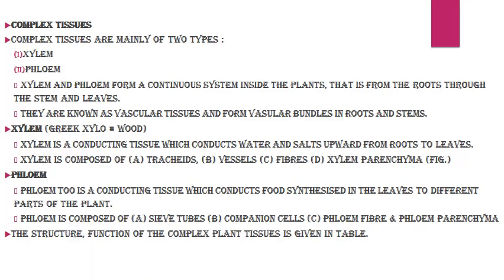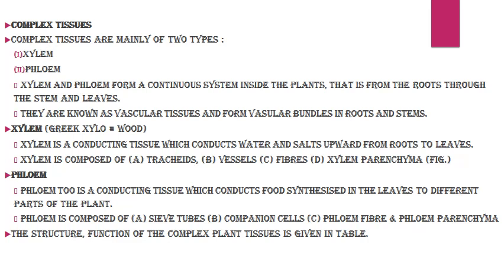Complex tissues. Complex tissues are mainly of two types, xylem and phloem. Xylem and phloem form a continuous system inside the plants, that is from the roots through the stem and leaves. They are known as vascular tissues and form vascular bundles in roots and stems. Xylem. Xylem is a conducting tissue which conducts water and salts upward from root to leaves.